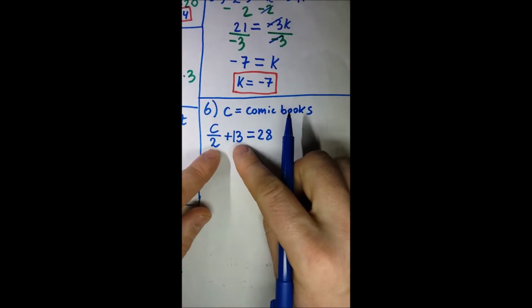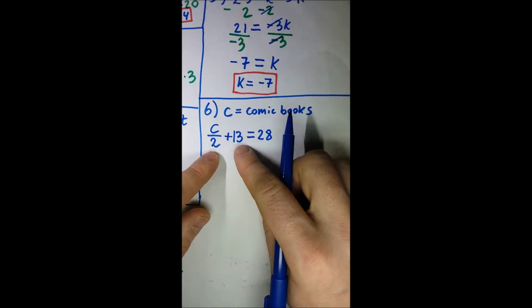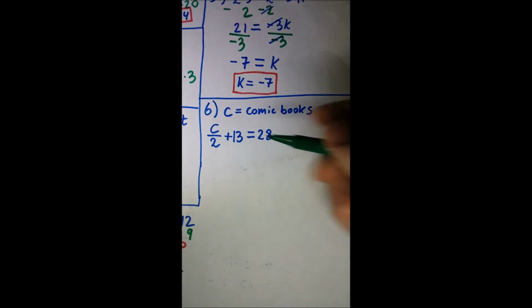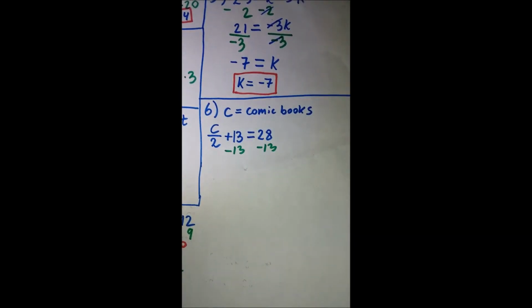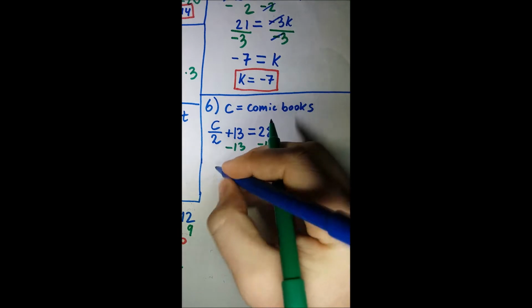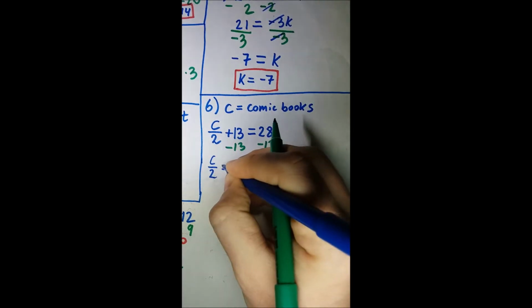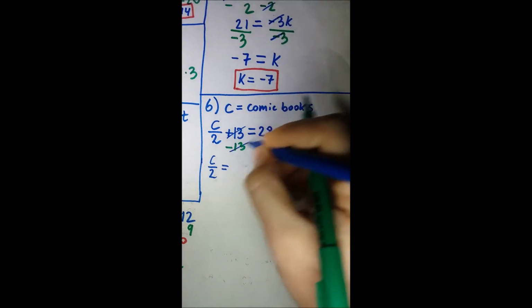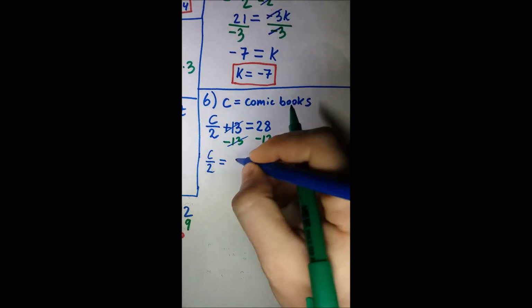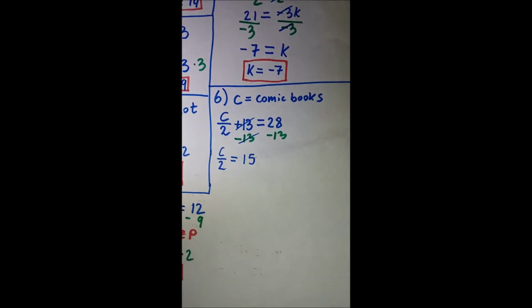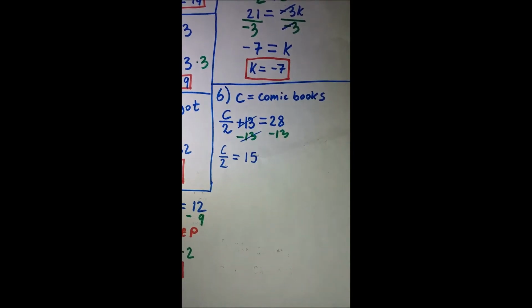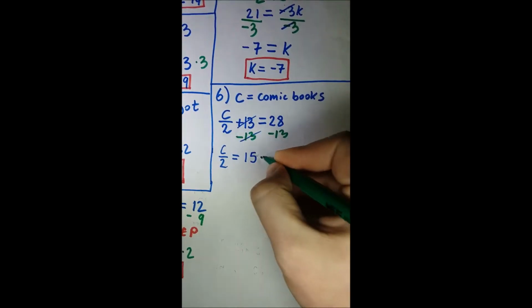Now you need to solve this two-step equation. First step is subtract 13 from both sides. So now C over 2 equals, 13's are gone. From the left, 28 minus 13 is 15. And then we need to multiply both sides by the denominator.